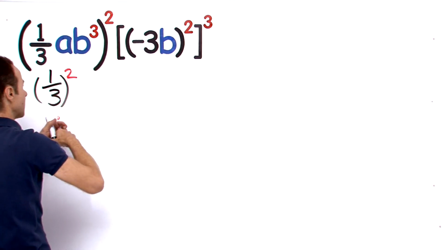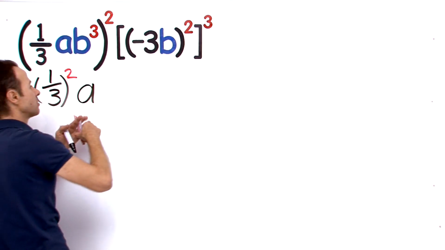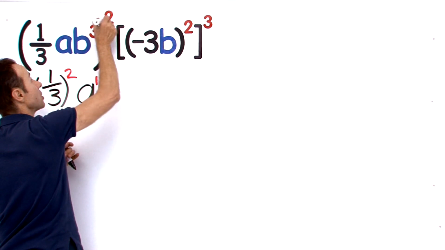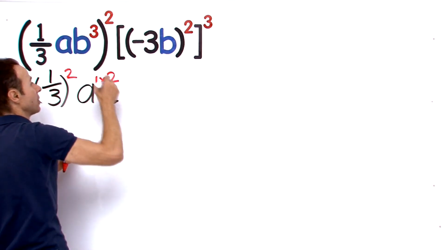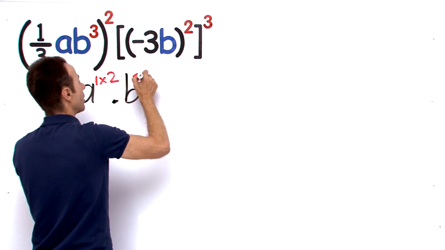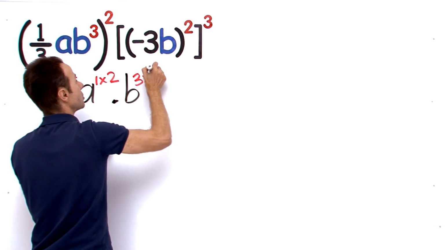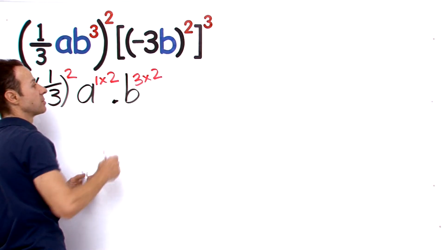Now that's A, which is essentially A to the power of 1 because there's nothing there, so I'm just going to put a 1 there, times 2. Then B cubed to the power of 2, so it's 3 times 2. Power of a power, you simply multiply them.